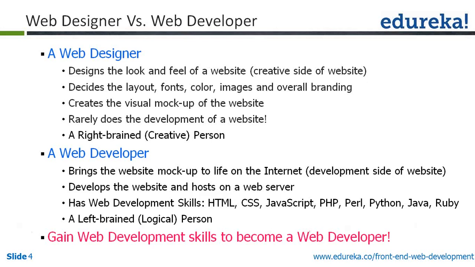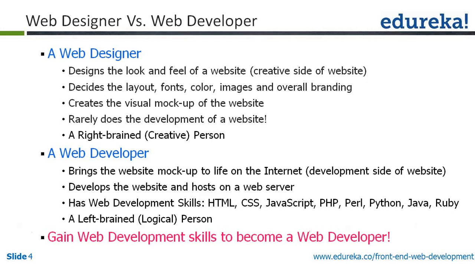So a web developer needs to have these web development skills. That's HTML. When I say HTML, I mean the current version; the older version of HTML is HTML 4.01. The current latest version is HTML version 5. And CSS, older version is 2.1, and the new version is CSS version 3, and JavaScript.